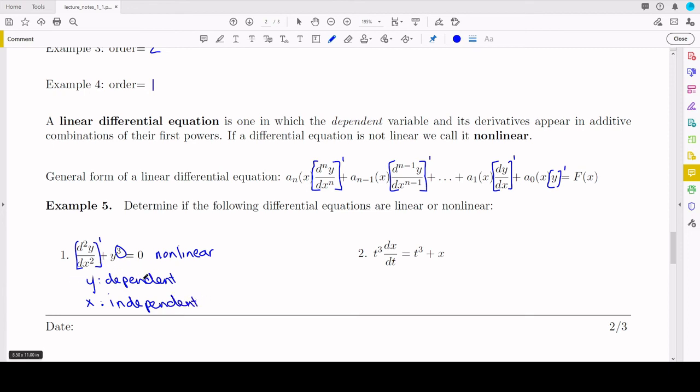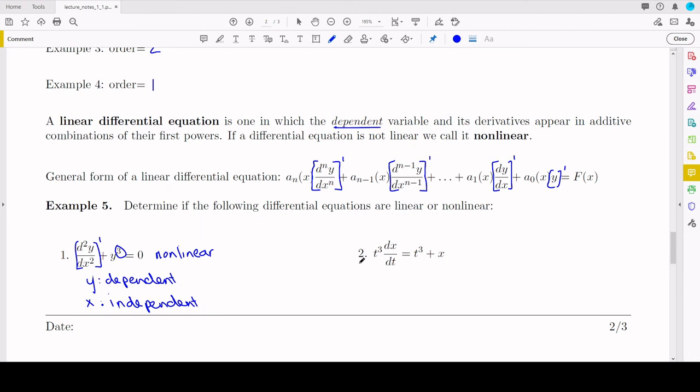So we're really only worried about what's happening to the dependent variable, right? There's a lot of stuff that needs to be true for the dependent variable, but not for the independent variable.